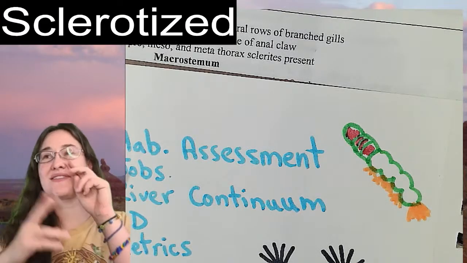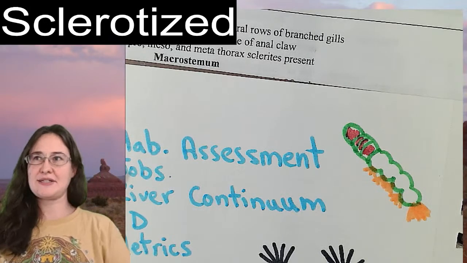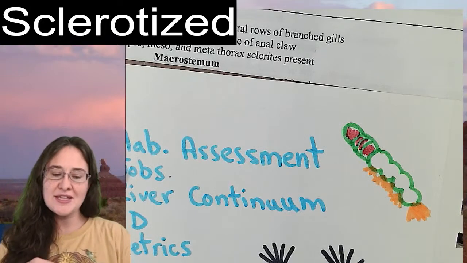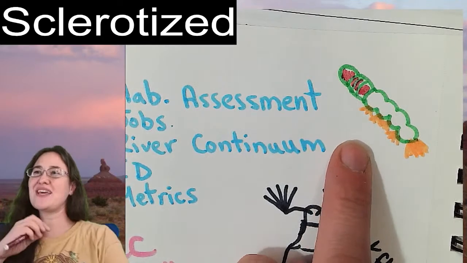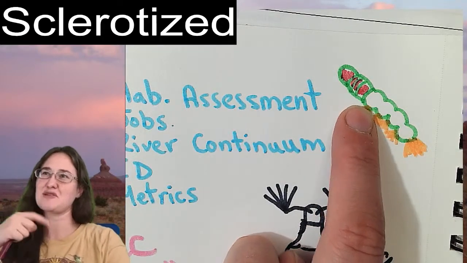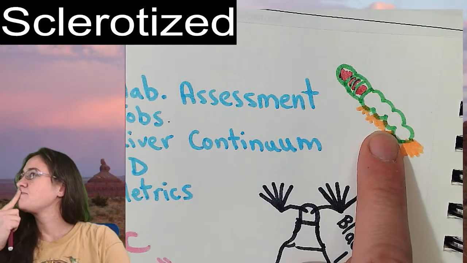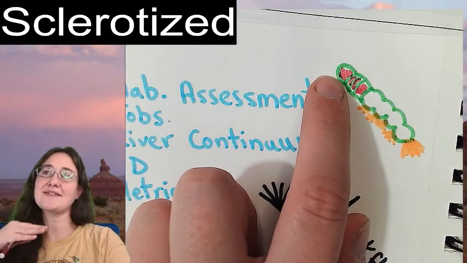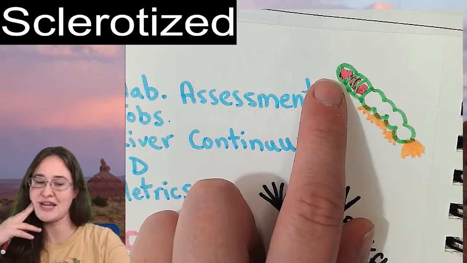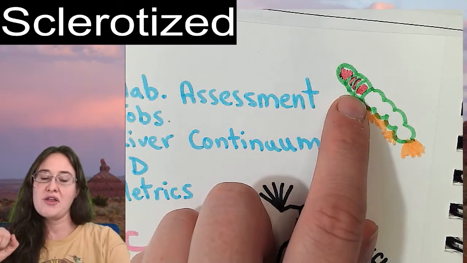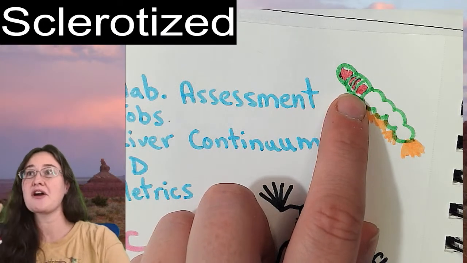Sclerotized is the word for hardened. To sclerotize means to harden your exoskeleton. So when we say an exoskeleton is sclerotized, it's a plate rather than being squishy. You can say it has a sclerotized head capsule. That would be using that word in a sentence. Or these would be considered sclerites because they are a piece of hardened exoskeleton.